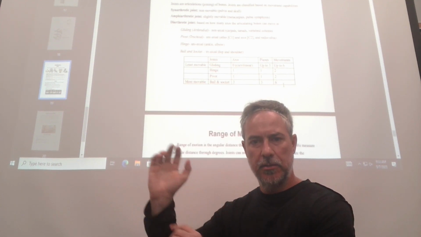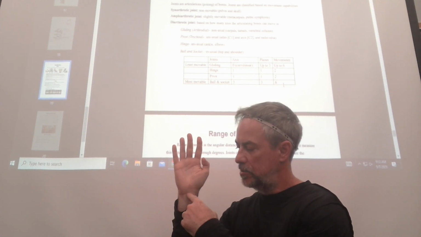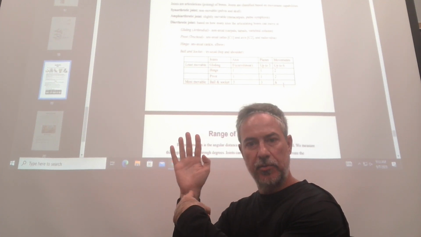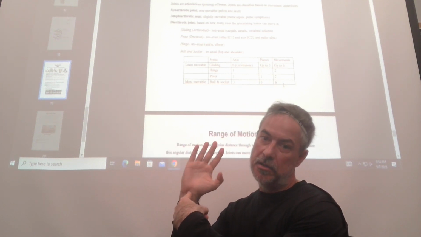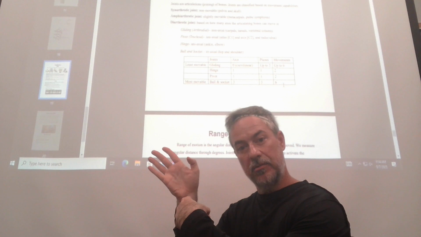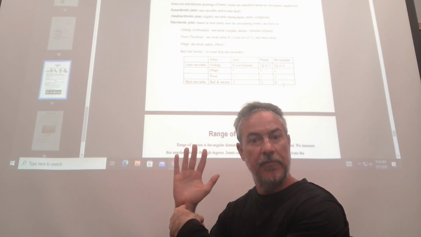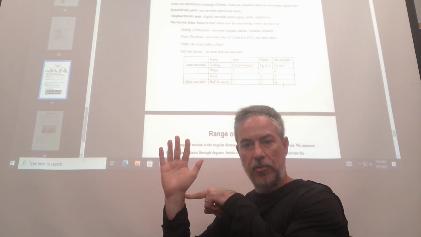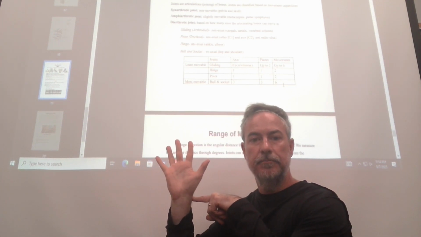Make sense? So I told you the wrist is biaxial. That means it can move about its anterior-posterior axis, frontal plane stuff, clockwise, counterclockwise, doesn't really matter. Radial deviation, ulnar deviation, we have to have names for it. And it could also move about its bilateral axis: flexion, extension in the sagittal plane.